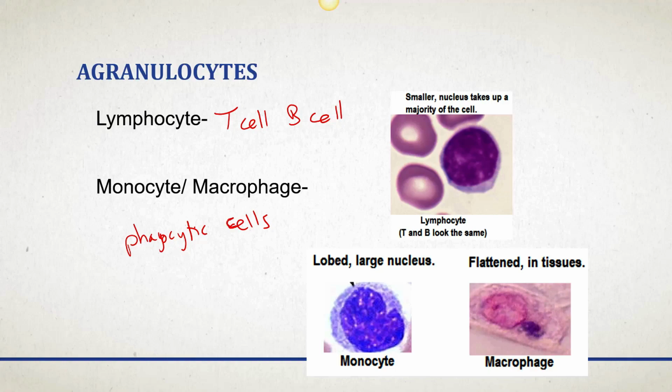While the neutrophils primarily eat bacteria, monocytes and macrophages eat debris. So with a monocyte, it's a huge cell and it has a lobed nucleus. Macrophages are flattened cells and you'll see them in the tissues. Macrophages are called all sorts of different things depending on the tissue that you're finding them in.